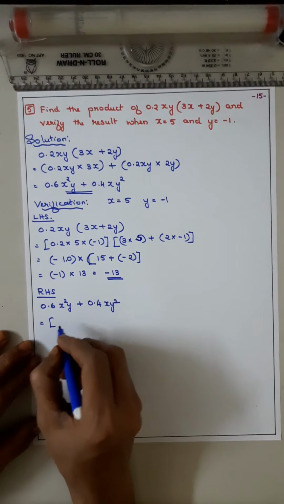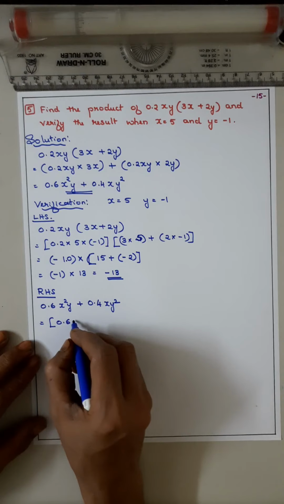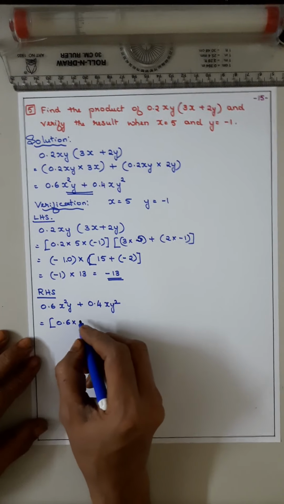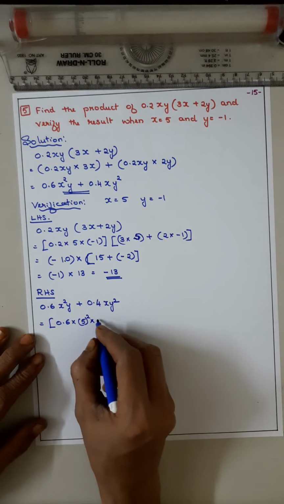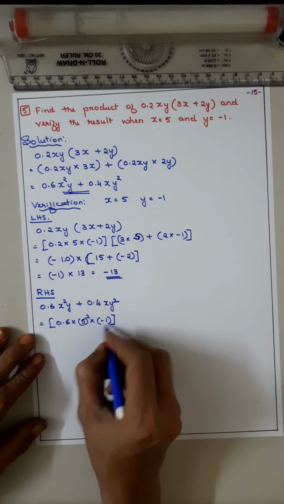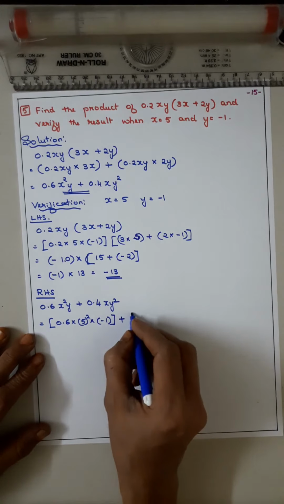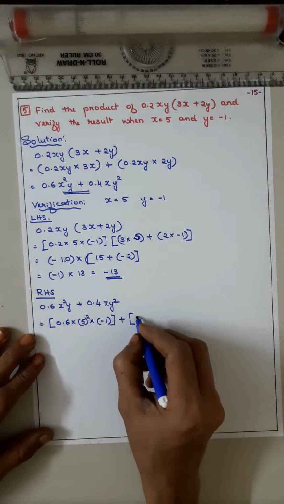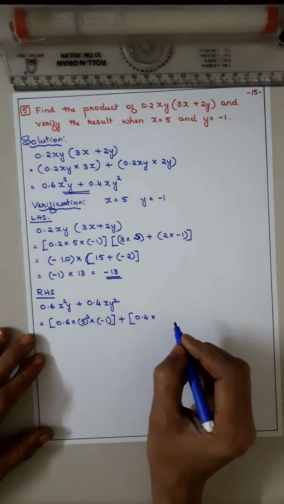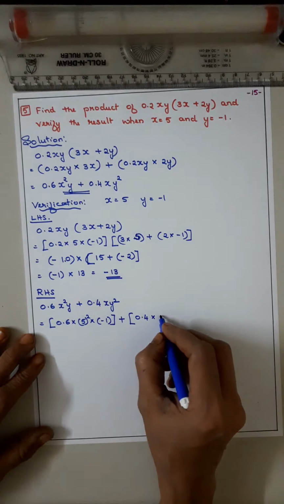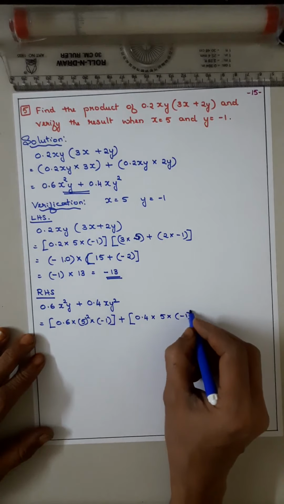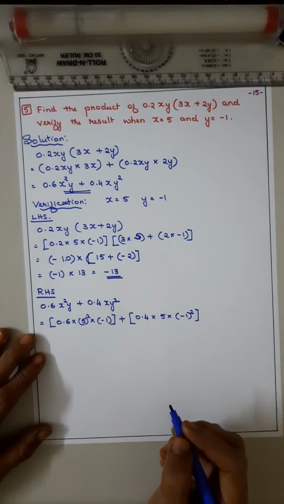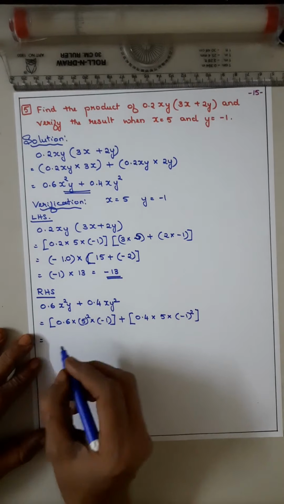Now put the values: 0.6 into x squared, that is 5 squared, into y is minus 1, bracket close, plus 0.4 into x is 5 and y squared, that is minus 1 squared, bracket close.